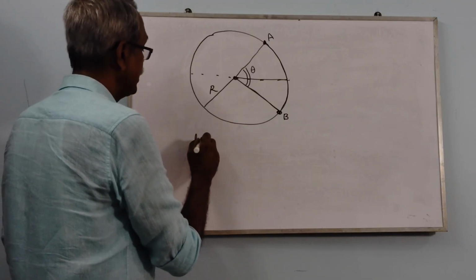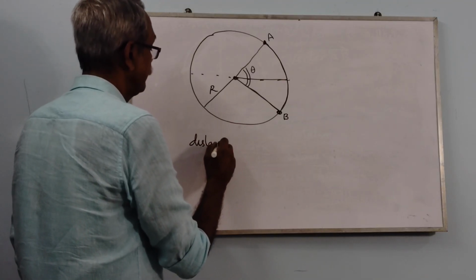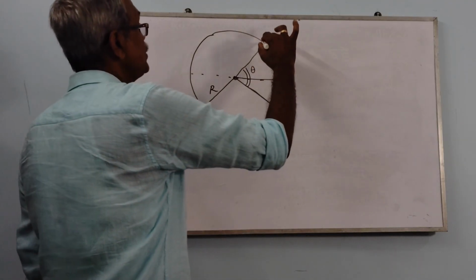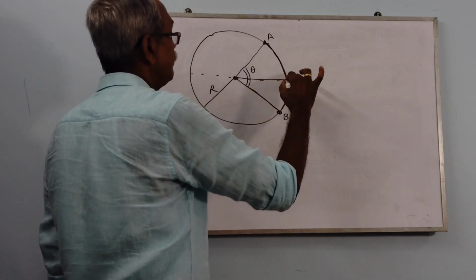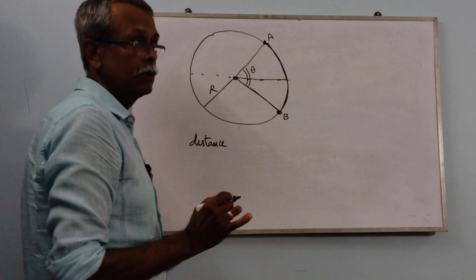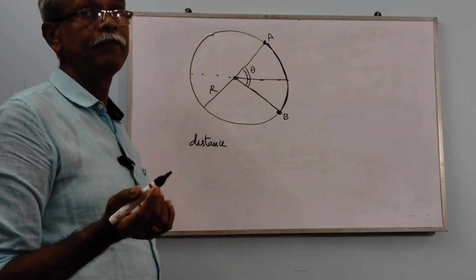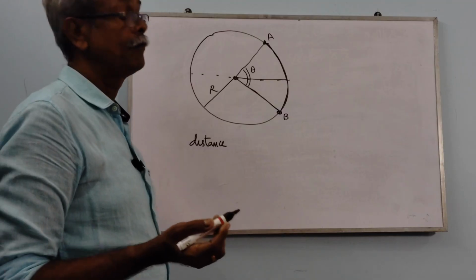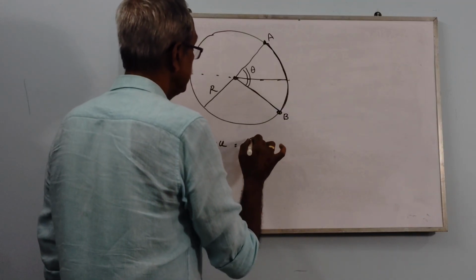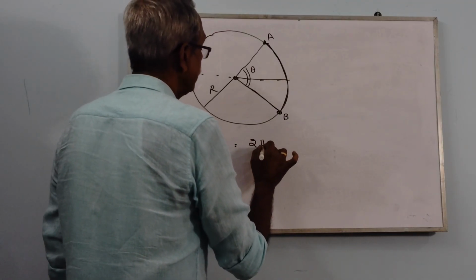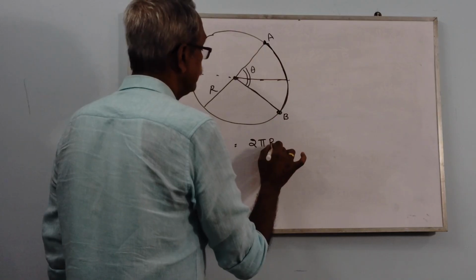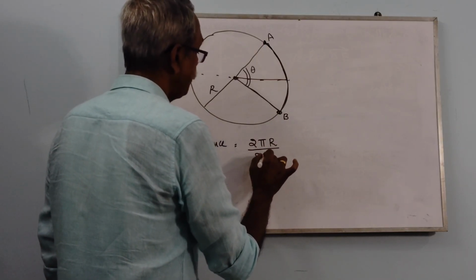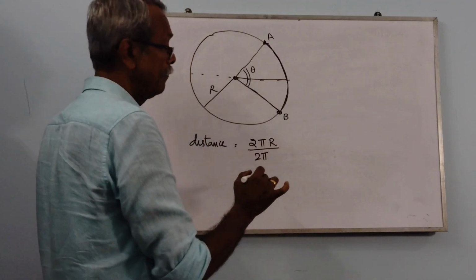How to calculate the distance? This distance AB, for 360 degree, it will be 2 pi r. So this is 2 pi r divided by 2 pi, that is in radian.